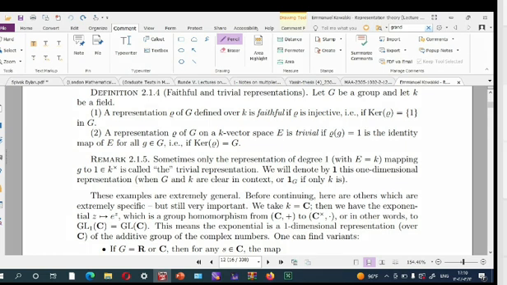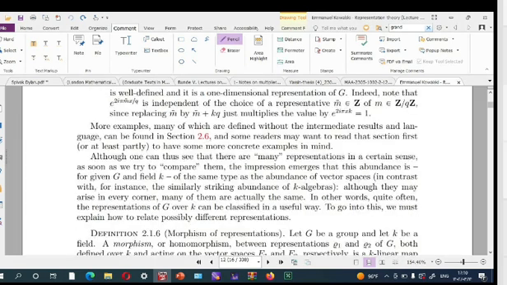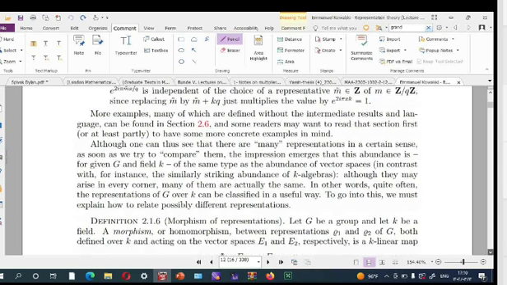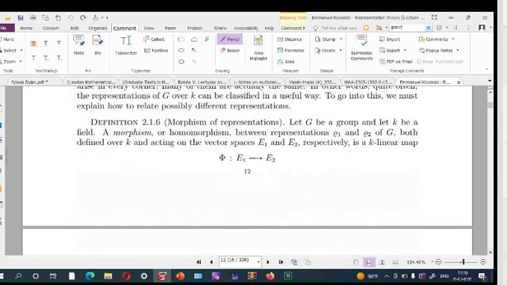And we have these remarks and these examples that are very nice and easy. And finally we see the definition of morphism. Morphism of representation: let G be a group and let K be a field.